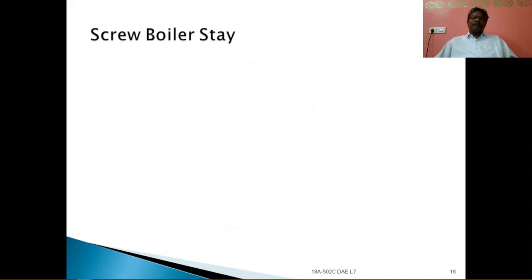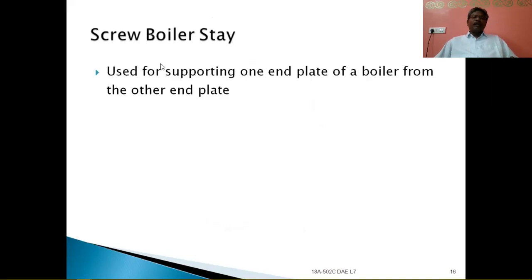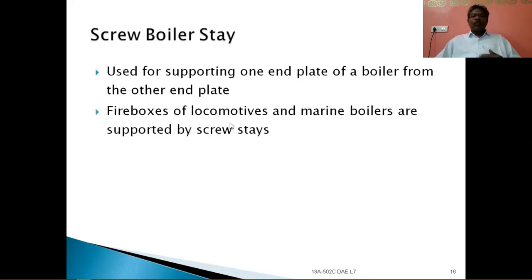Screw boiler stay is used for supporting one end plate of a boiler, because boilers are manufactured by using plates. So in order to support the end plate of a boiler from the other end plate, we are going to use boiler stays.